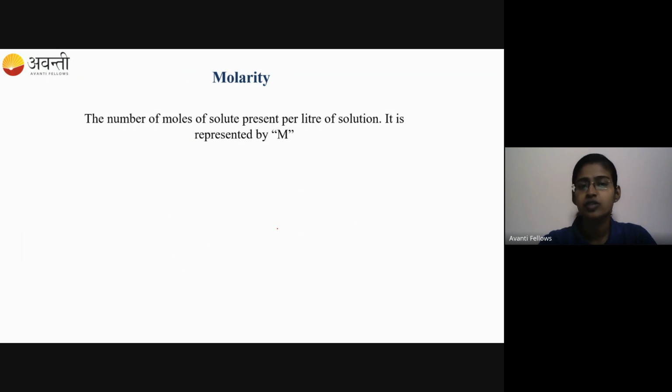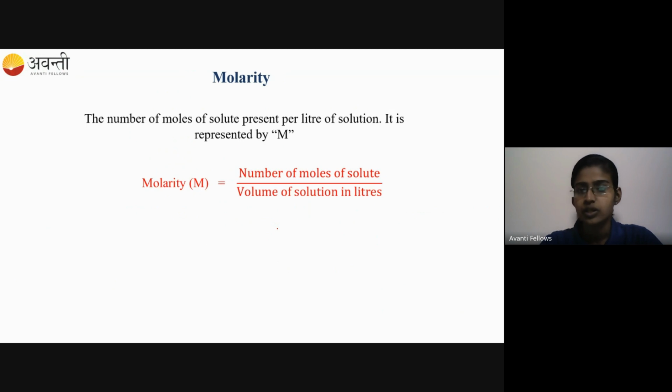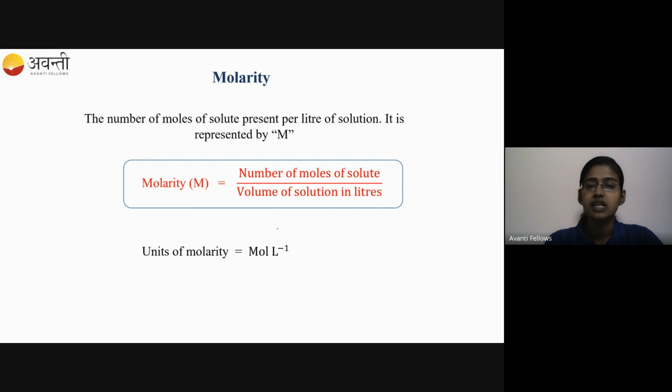It is represented by capital letter M. It is equal to the number of moles of solute divided by the volume of solution in liter, which is very, very important. The unit of molarity is mole per liter. Very important formula, you have to keep it with you.